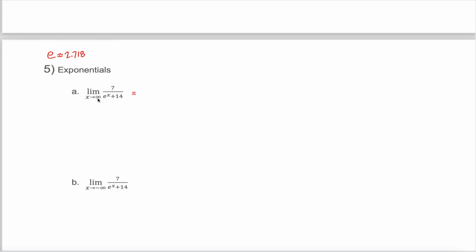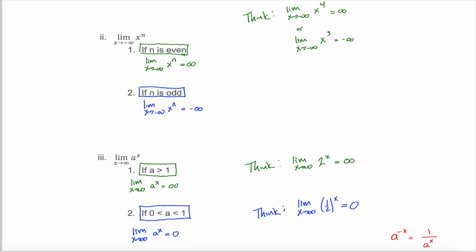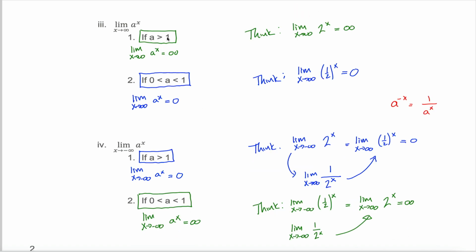Well, all the x's are getting arbitrarily large, but there's no x's up in the numerator. So the numerator is not changing at all. The numerator is just equal to 7. But down in the denominator, because e is greater than 1, if we consider the limit as x approaches infinity of e to the x power, we get something that approaches infinity. Again, that's this fact: if a is greater than 1, the limit as x approaches infinity of a to the x is equal to infinity.